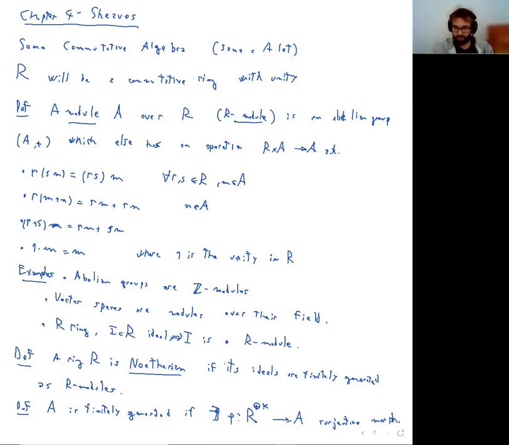Okay. And a morphism of rings is simply something which preserves all these properties.